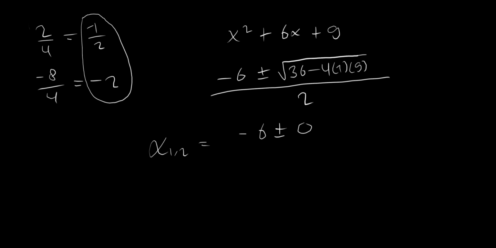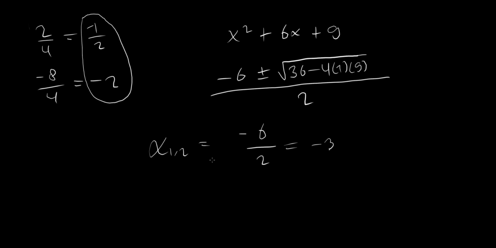So let's just erase this plus minus 0, because in any way, shape, or form, it will result in negative 6. So this will leave us with negative 6 over 2, and it'll leave us with negative 3. Now, the first x and the second x will be negative 3, so there's no need to say that there's a first x and a second x.